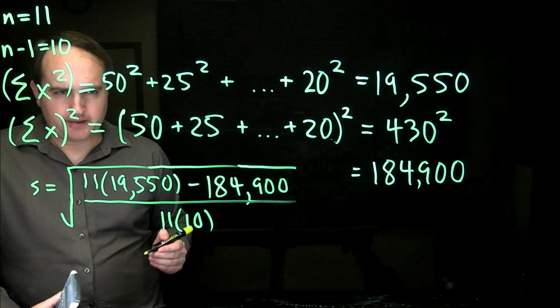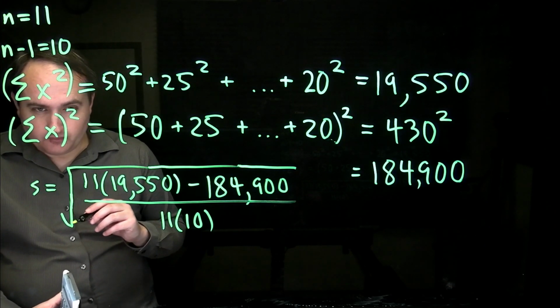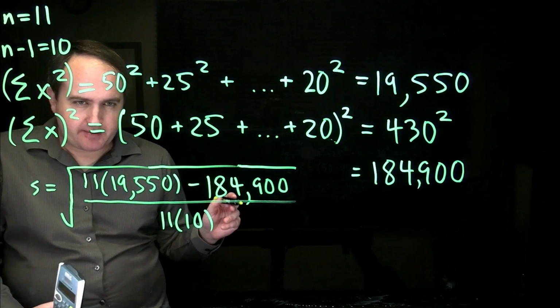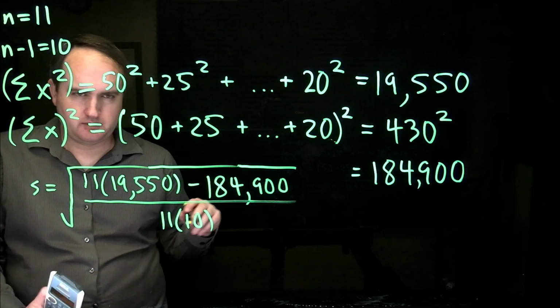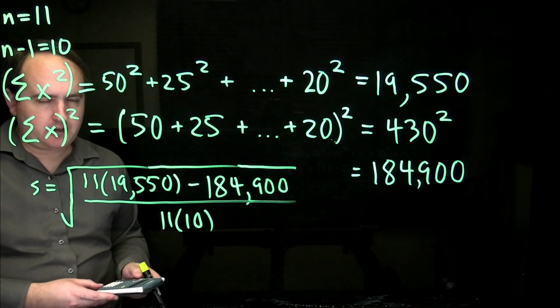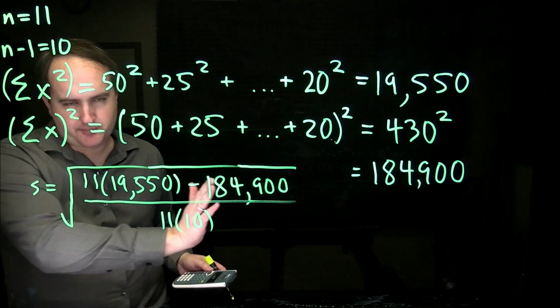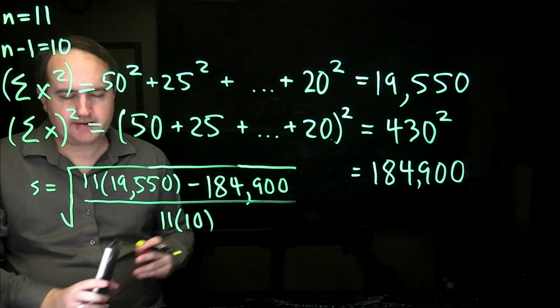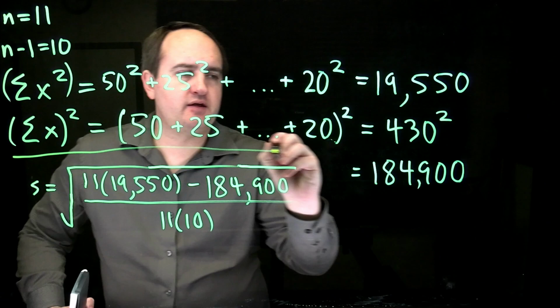All right, and then once again, you should be able to just type all of this into your calculator all at once if you want to. But if not, you might want to just take a couple of steps to work it out. So let's go ahead and finish this.